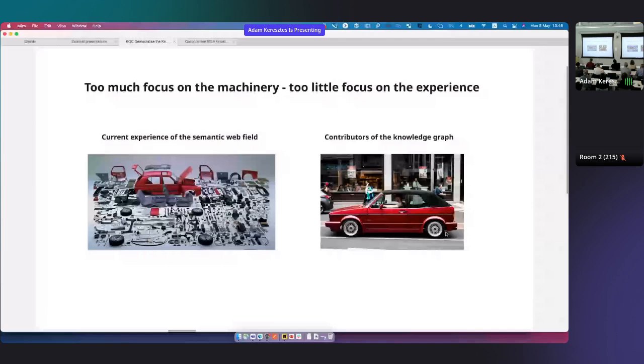I don't know how many cars have that anymore, but you push the button on your fob and get going. And it's more about how it is to drive the car, how easy it is to steer, how easy it is to interact with it. This is where we probably still have to understand how everything works, but not only focus on that, but look more into the experience of knowledge graphs.